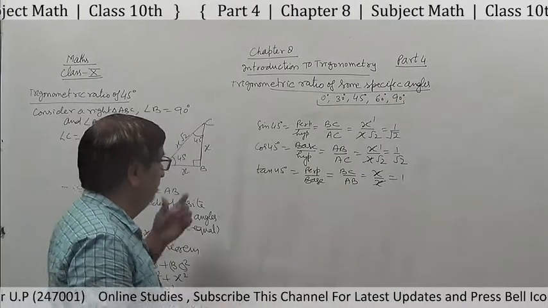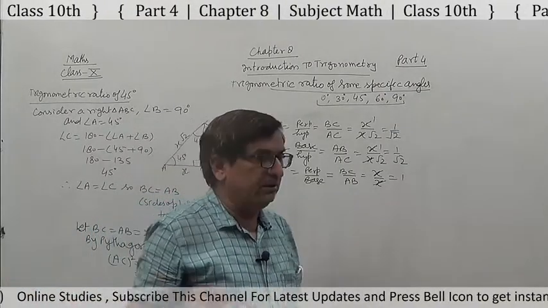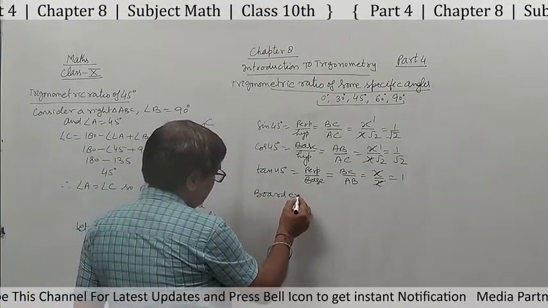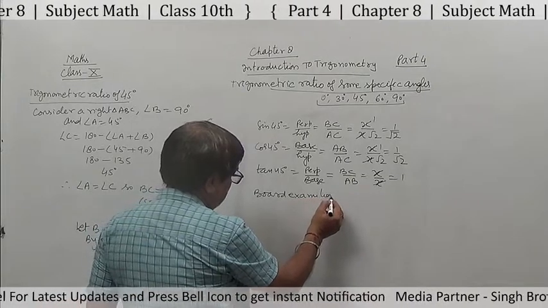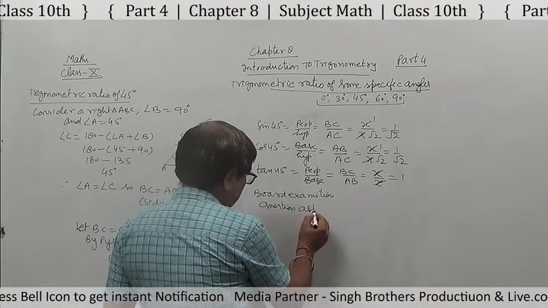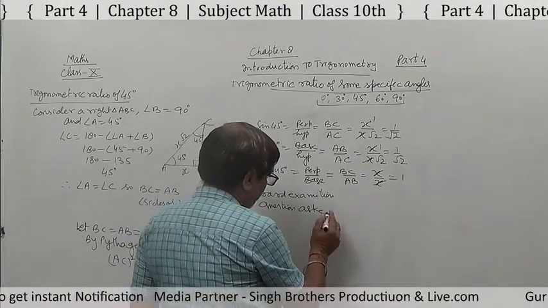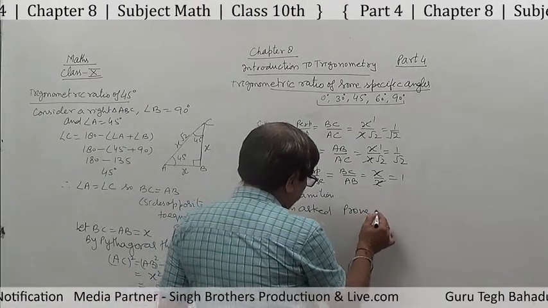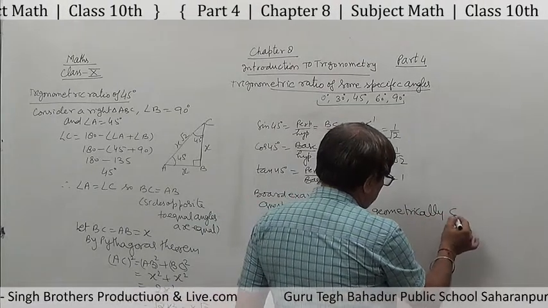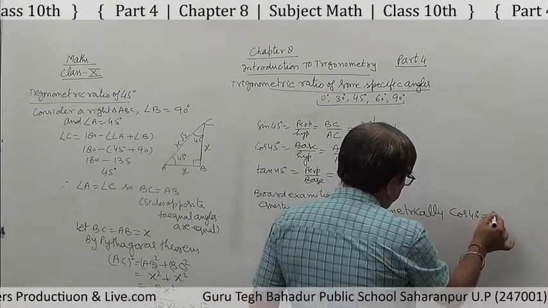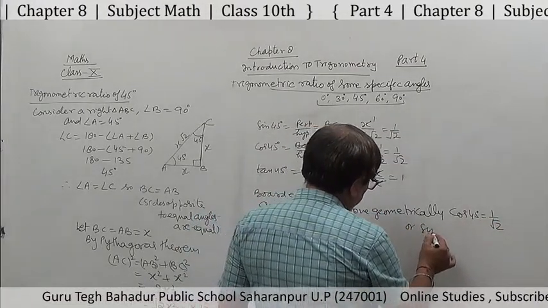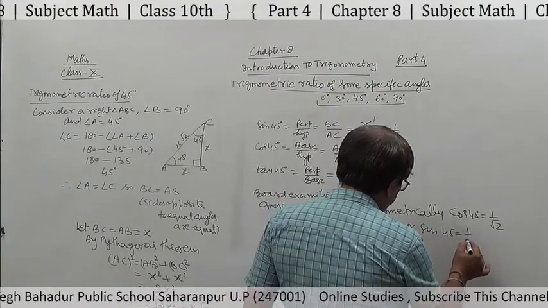So, any value can be asked in the board examination. Generally, in the board examination, the question asked is to prove geometrically that cos 45 degree is equal to 1 upon root 2, or sin 45 is equal to 1 upon root 2.